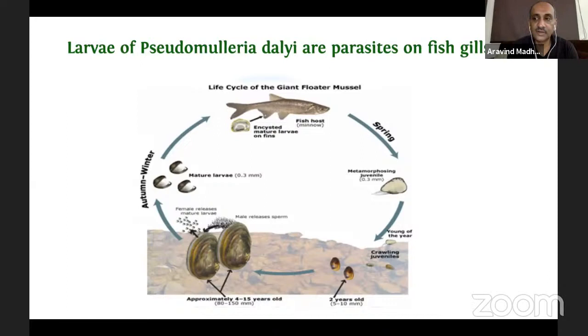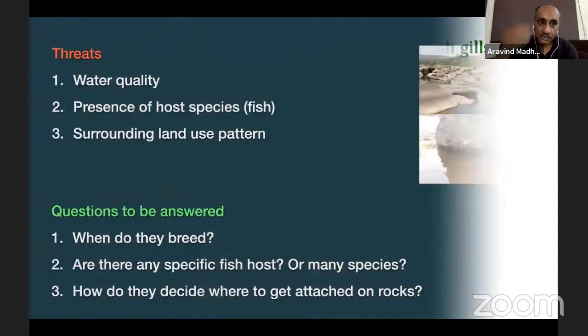So this is very, very interesting. If you indiscriminately harvest fish or collect fish and kill them, you are pushing another species to extinction. So there is a very intricate relationship between the presence of fish and the survival of pseudomullaria populations in the rivers.